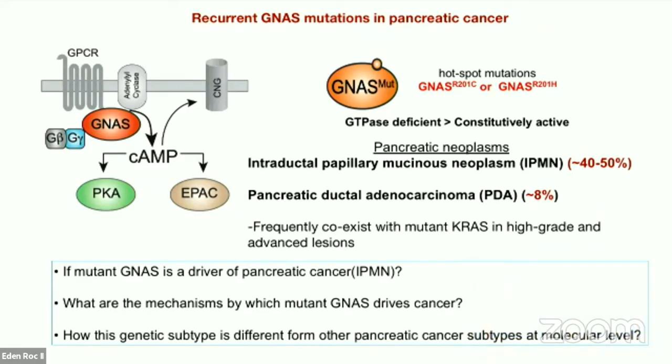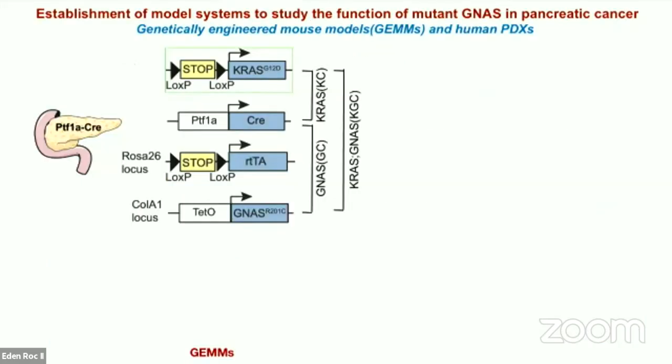First, if mutant GNAS is a driver of IPMN, then what are the mechanisms by which mutant GNAS drives cancer, and how is this genetic or histological subtype different from other pancreatic subtypes at a molecular level? When we began our study, there were no model systems available.